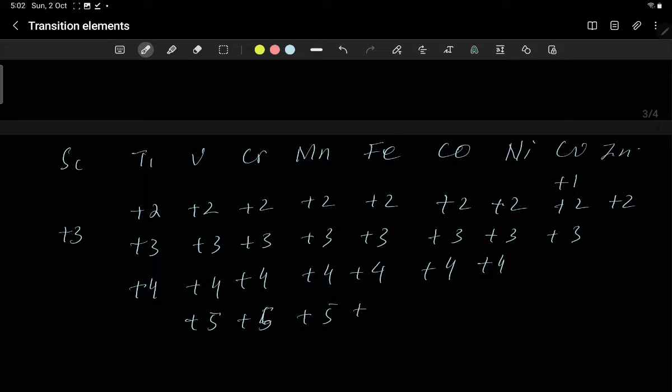And in iron there is no plus 4. Sorry, iron has no plus 4, so it has only plus 5, and similarly plus 6 only chromium, manganese and iron has plus 6.